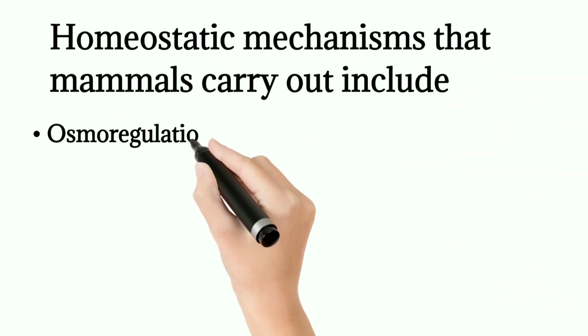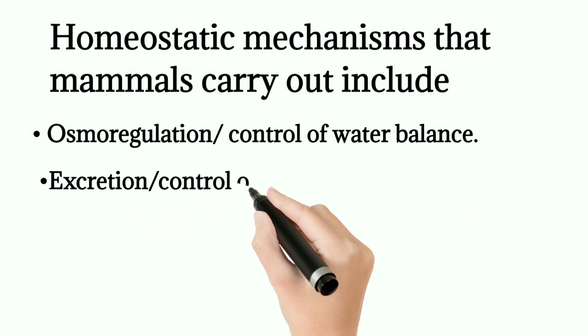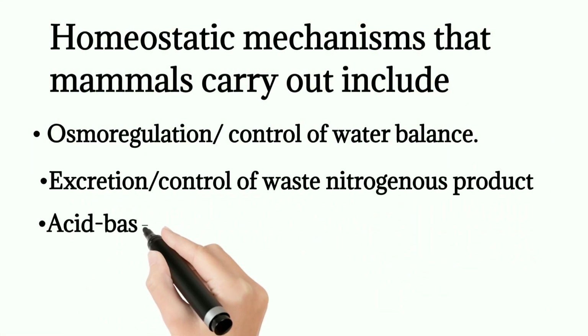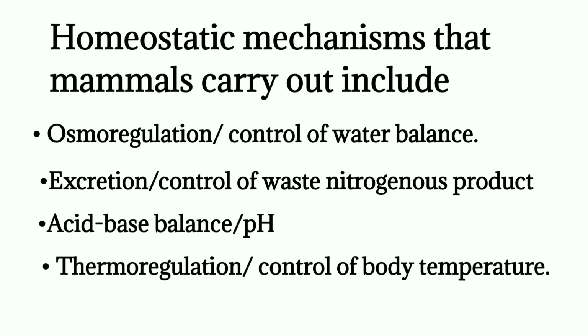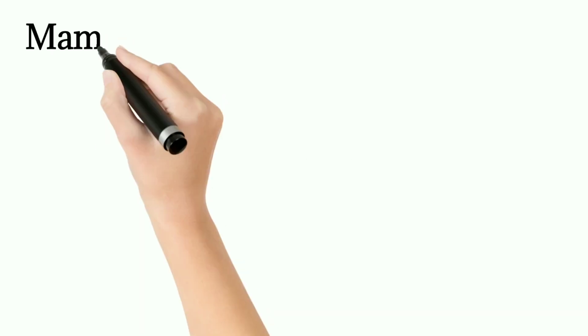Okay, so let's look at some homeostatic mechanisms that mammals carry out. Some of them are osmoregulation, excretion, acid-base balance, thermoregulation, osmotic pressure, concentration of dissolved substances, food substances, and so many of them. In the next class, we're going to look at the kidney. The kidney is an organ.